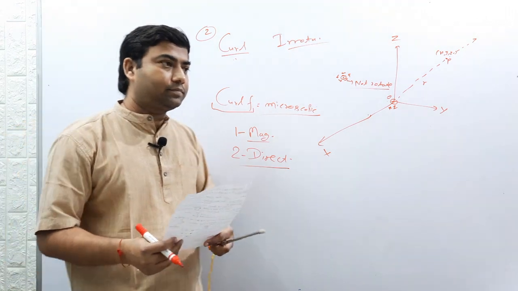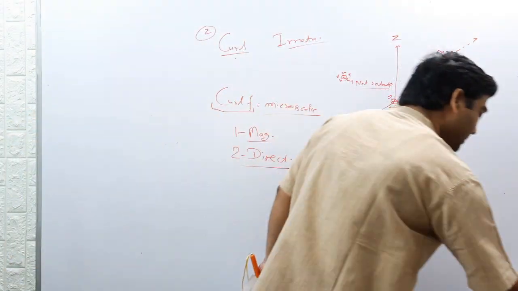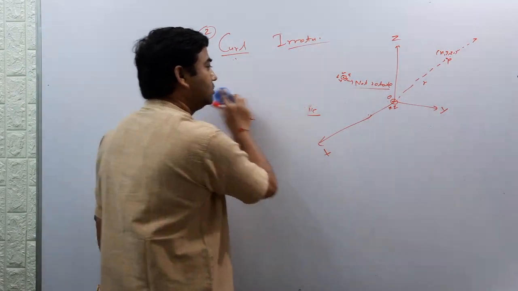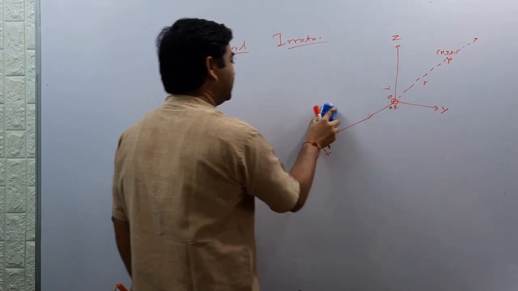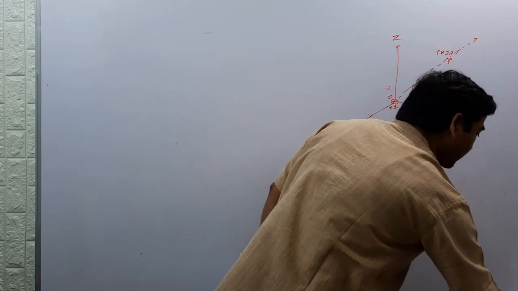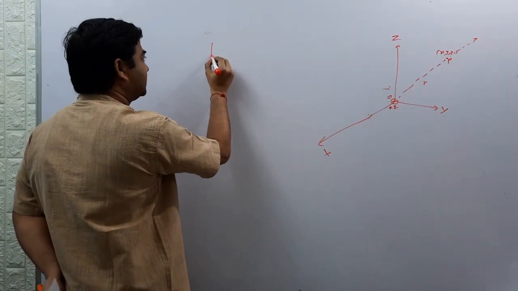That is the physical interpretation of curl. As the name suggests, curl means rotate around some axis.